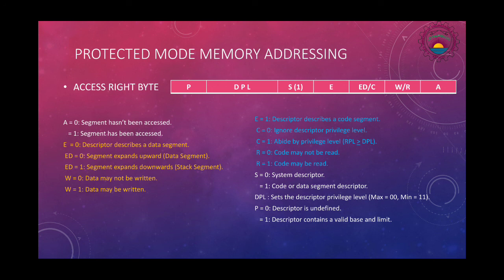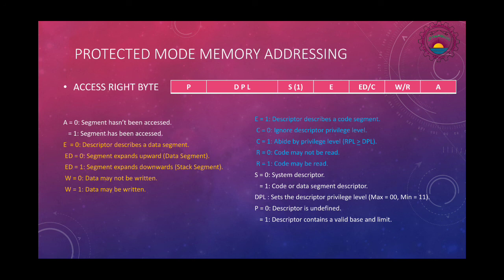Or you may say that if the P bit is 1, then the values you get from this descriptor for base and limit are valid, and the segment is defined and present in memory. If the P bit is 0, then the values are not valid, and the segment you are going to access is not present on the disk.